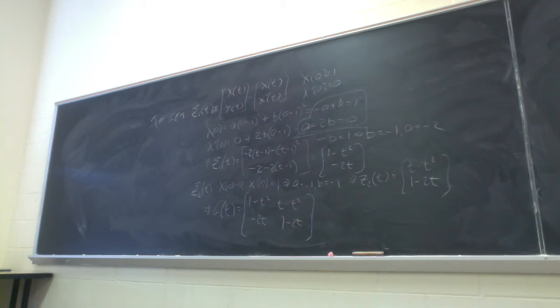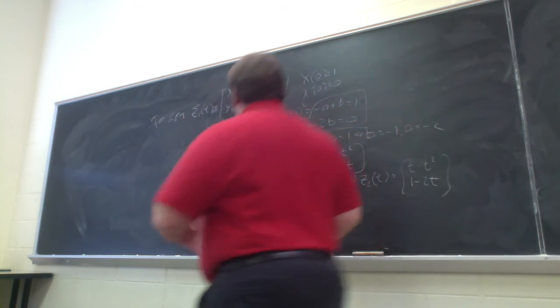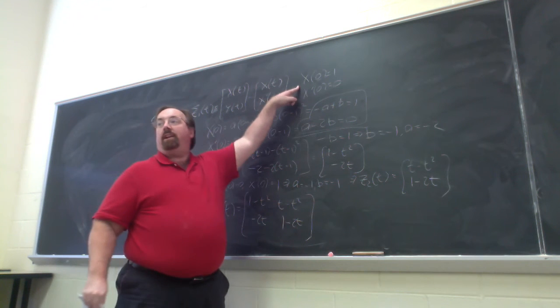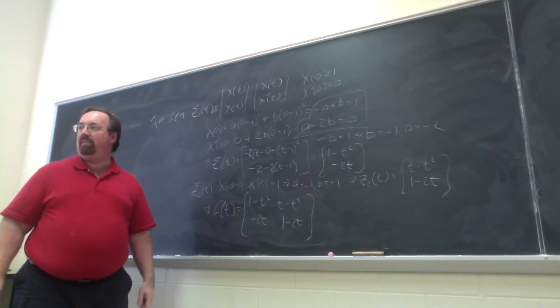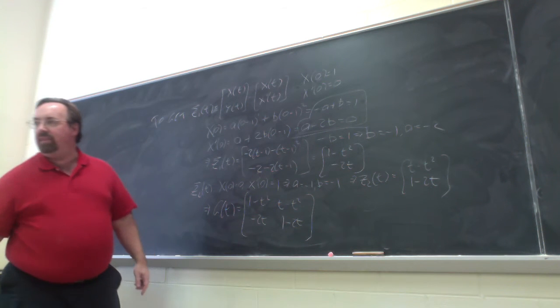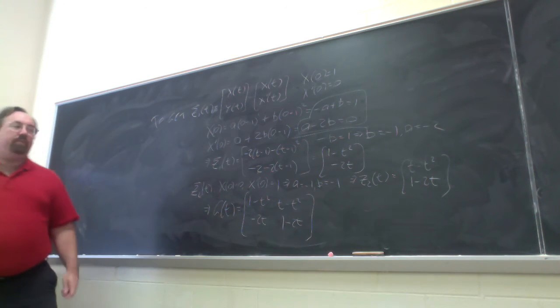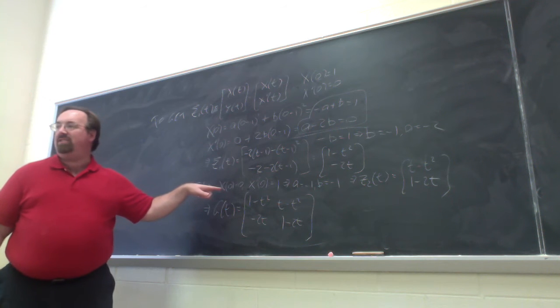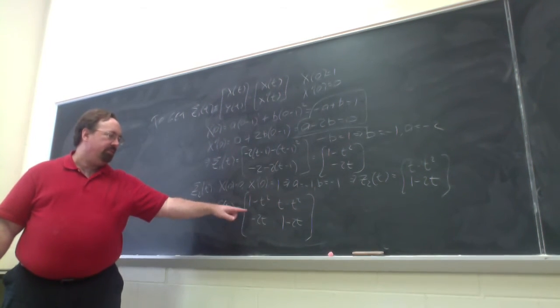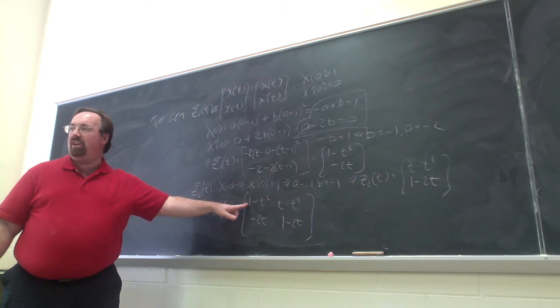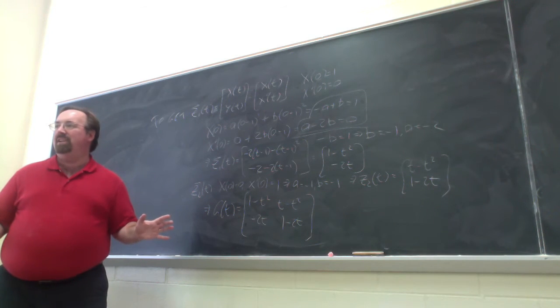Why did we have x0 equals 1 and x prime equals 0 for... Oh, first column of identity, right, 1, 0, and second column, right? Second column, yeah. And you said it might not be the same way for everything. Well, the thing is, you always have these kind of initial conditions. Right. It's just that this relationship of the second row being a derivative of the first doesn't always happen.